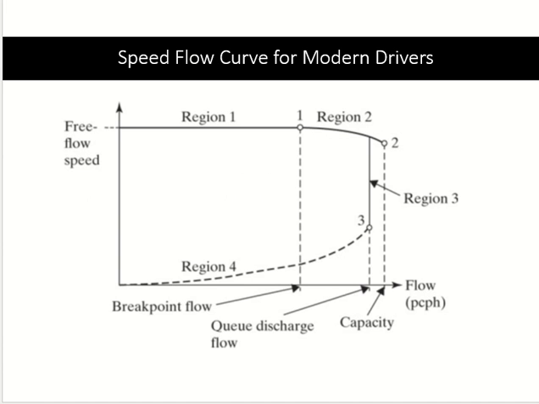Okay. The graph which I showed you previously, it was a smooth curve, right? Between flow and speed. It was a smooth curve. Okay. This is a more realistic representation of the traffic flow. This is more accurate, more realistic. Okay, but you can see it is more complicated as well. Why are we discussing it? Because later on in some other chapter, we will look at the equations which are derived from this graph.